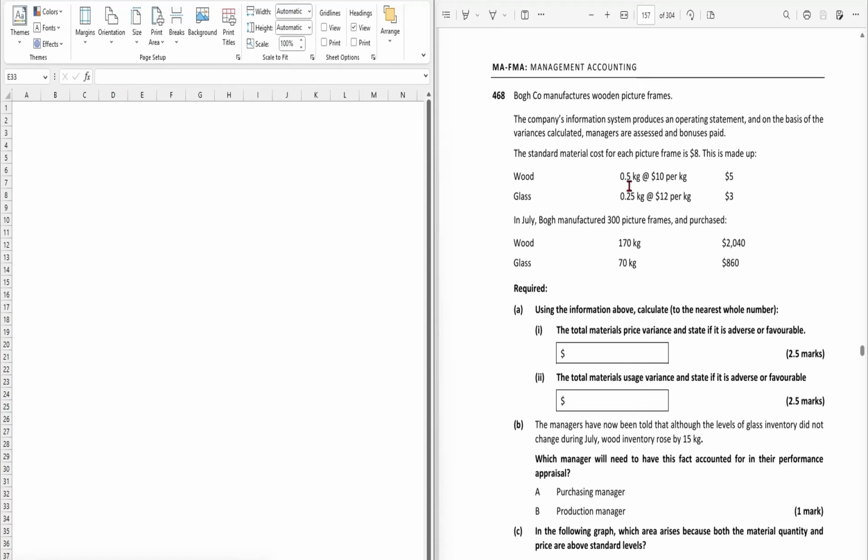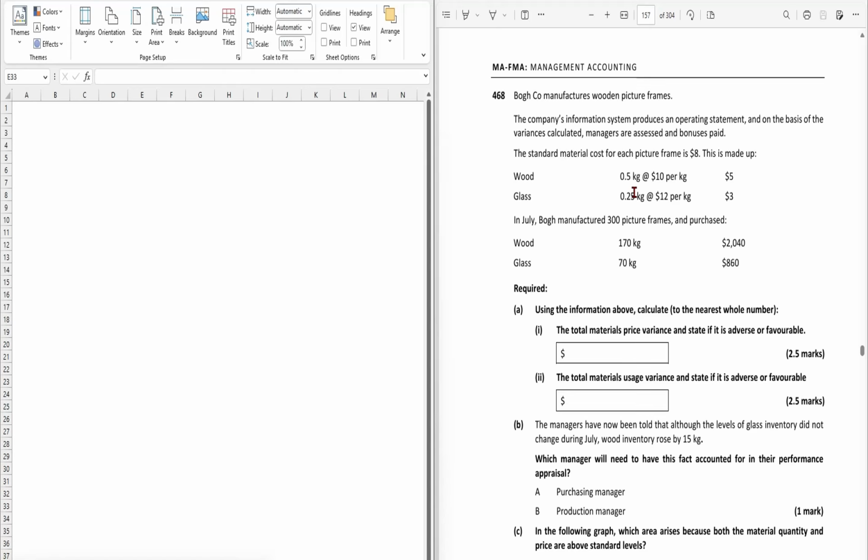See, this 0.5 kg means we need half a kg of wood to manufacture one frame. And the cost of 1 kg is 10. So that means this $5 is your cost per unit. Again for the glass it's $3 per unit, and I will also say when to use this figure and when to use that figure.